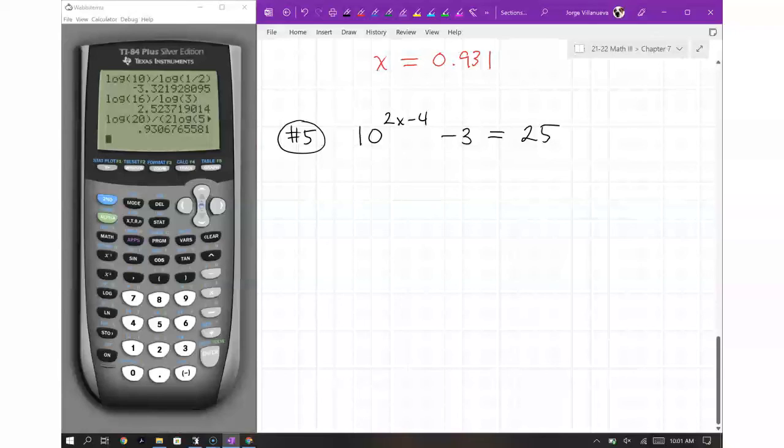So my first step here is to clear out the minus 3. So I'm going to add it, just so we can get that minus 3 over to the right side. So that's going to be 10 to the 2x minus 4 equals 28.